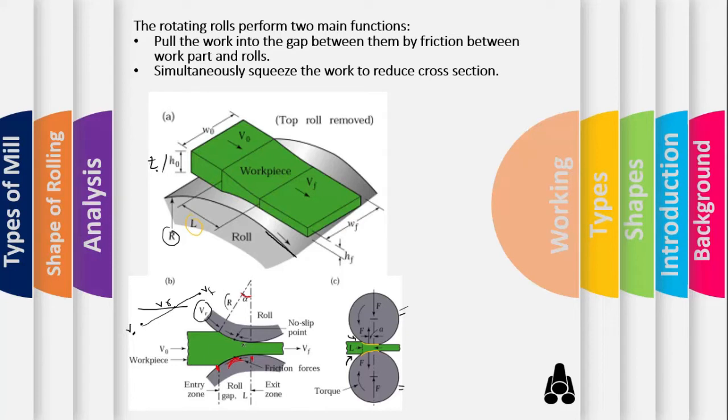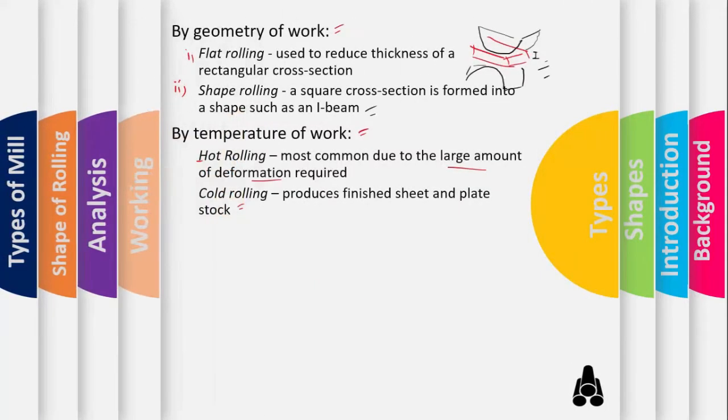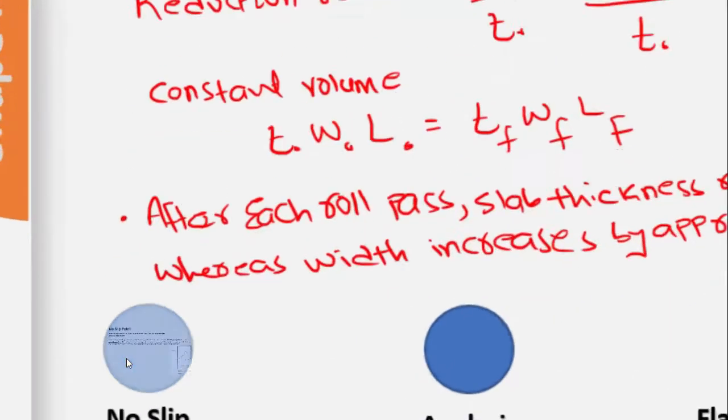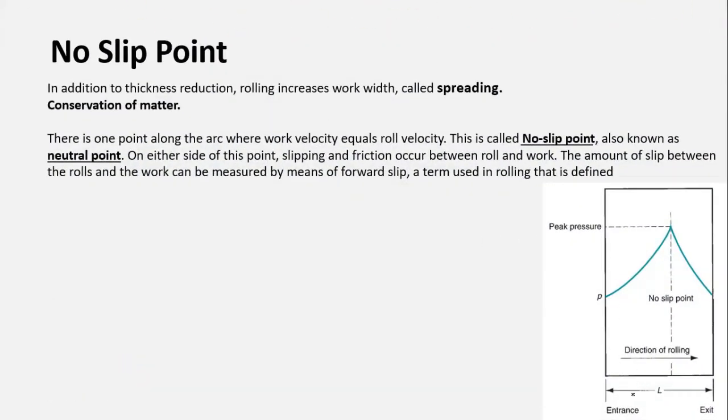right? So obviously there will be a point in this contact length, in the region of contact, at which V naught, the velocity of the workpiece, would be equal to the velocity of the roll. That one point is termed as a no slip point, right? So let's suppose our workpiece has entered the roll gap.